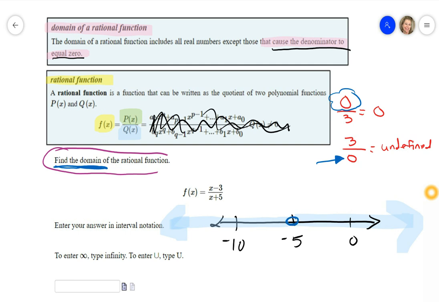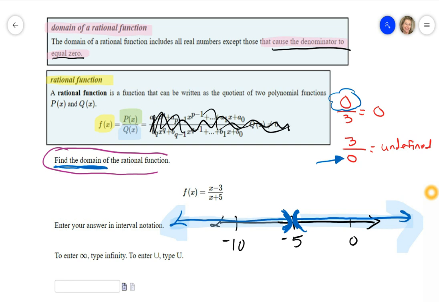So I put an open circle on that. Or what you can do, and some books do it, some books don't, is use parentheses: I'm here up to the negative 5, but I can't include it, and on the other side another set of parentheses going in this direction. These almost butt up against each other, but you can't include either one.